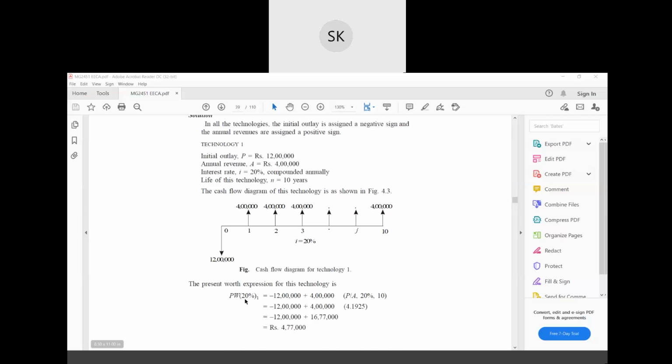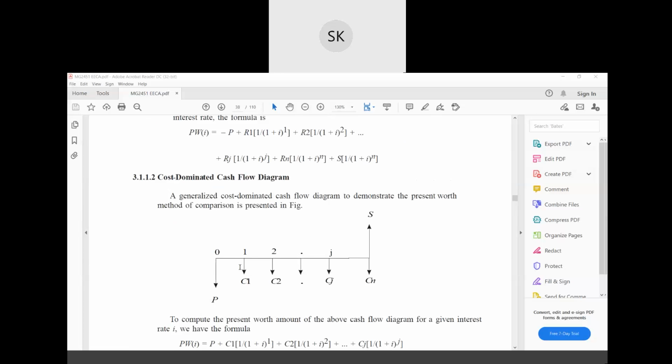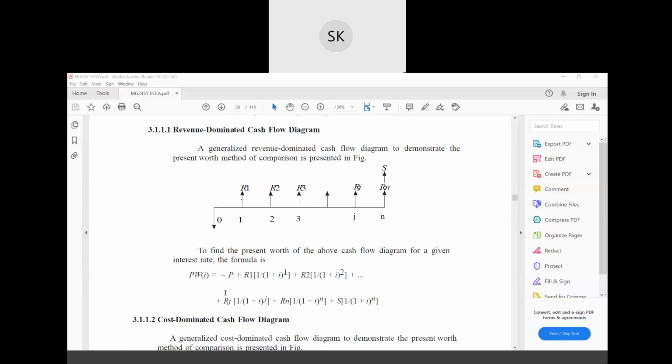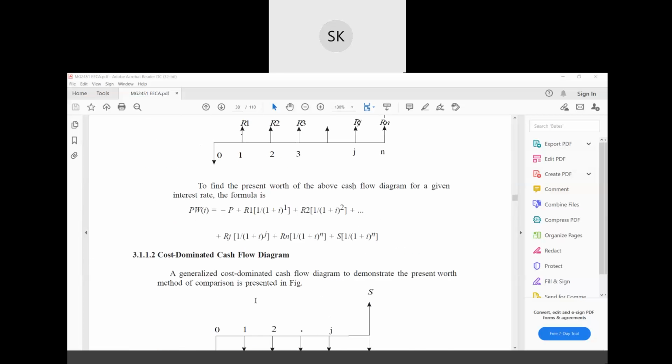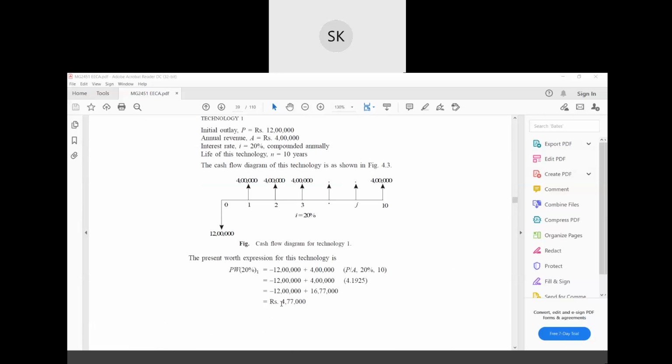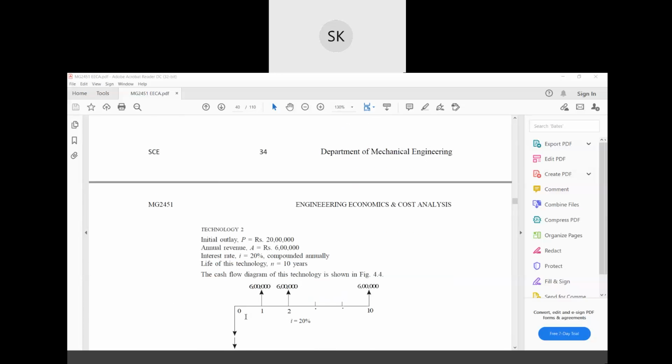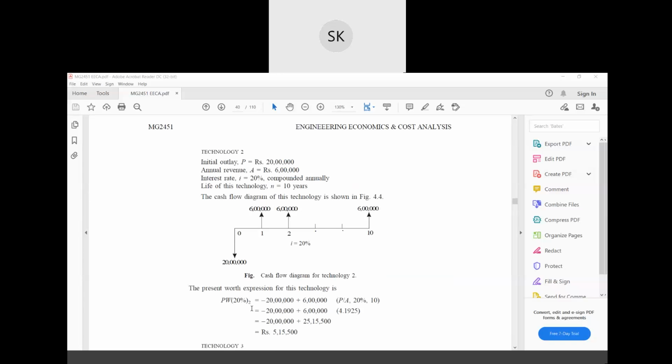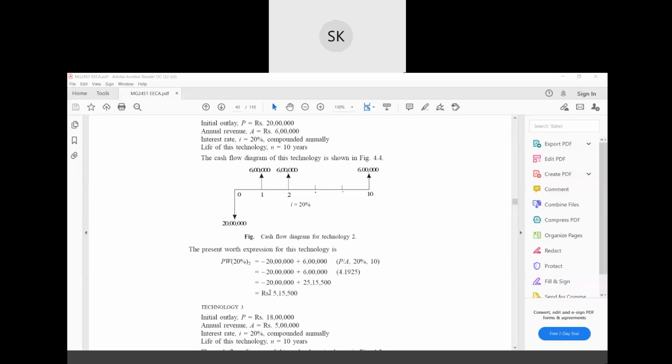So just apply the formula. This one is revenue based, so it has minus P plus R1 times 1 by 1 plus i. Just put the values in the formula and you will get the money. So technology 1 is giving me 4,77,000. Same way for technology 2, only the values have changed, the formula is the same.